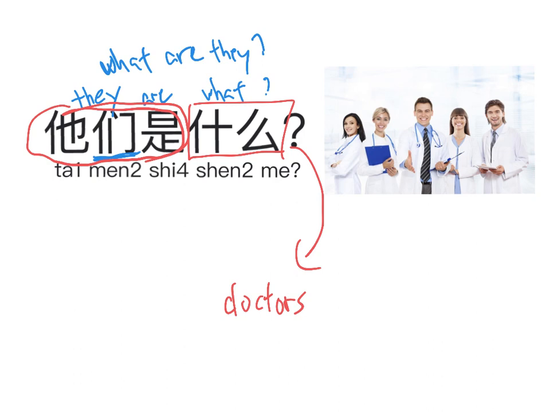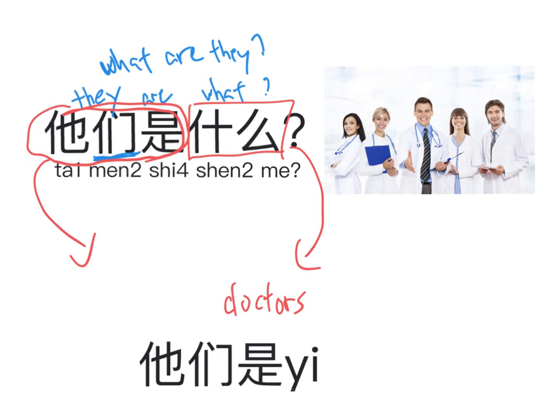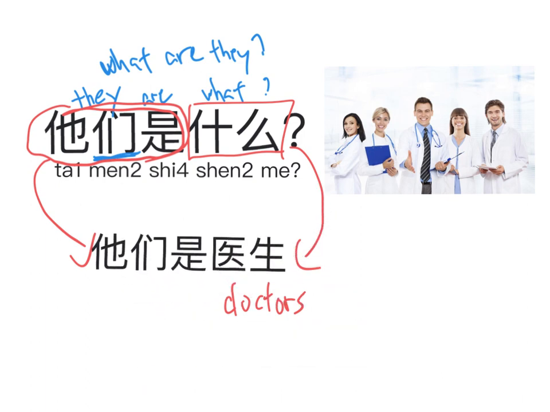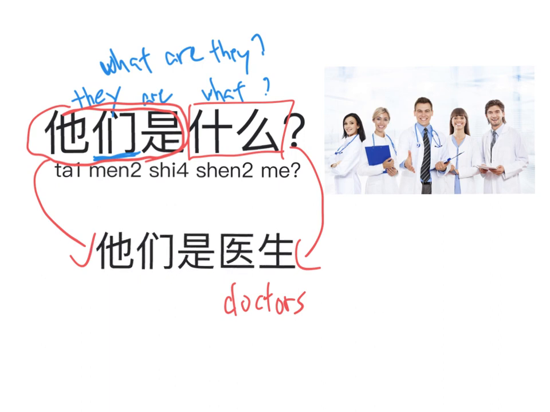Okay, and then 他们是, you have to put the answer here. Now, what would the answer look like? 他们是医生. Okay, so the answer would be 他们是医生.